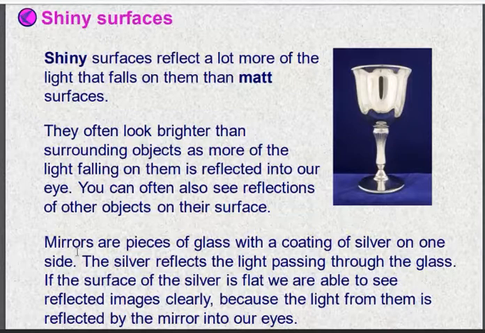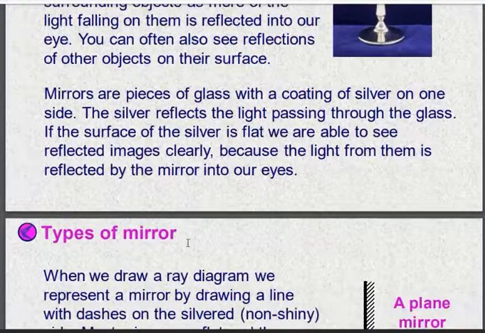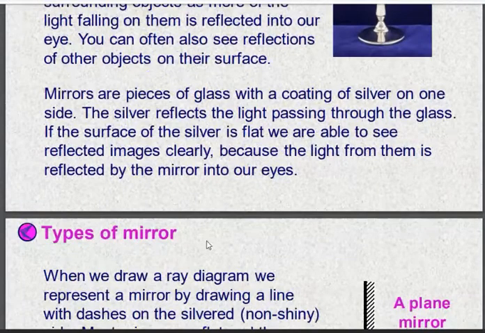That's why we see a faint image. On the other hand, if the amount of light reflected is increased to the extreme by a shiny surface, then that shiny surface acts as a mirror.